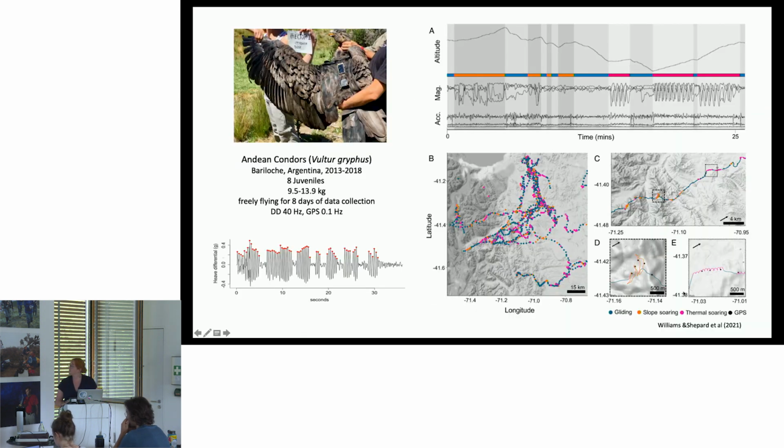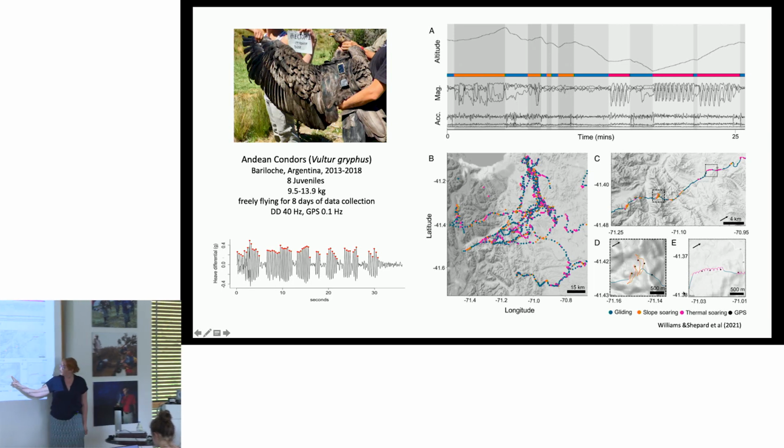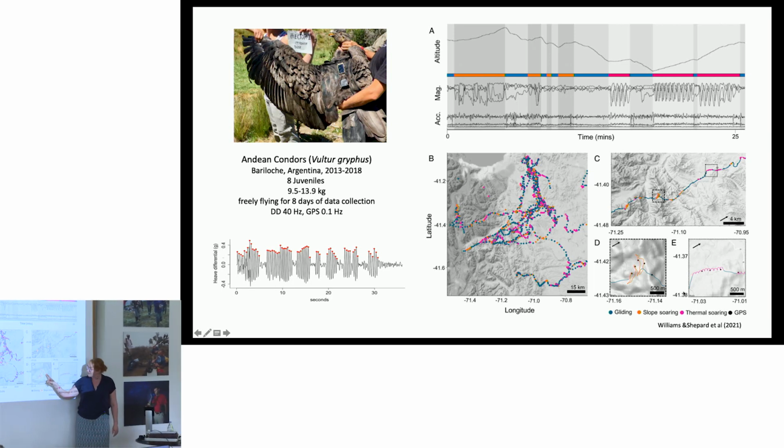So here, I have GPS every 15 minutes, and that's the black dots. And when we were talking about interpolation earlier in the week, you have no idea what the animal did between those two dots. If you use the magnetometer and accelerometer to tell you the angles and relate it to speed of movement, you can piece together the track by a process of dead reckoning.